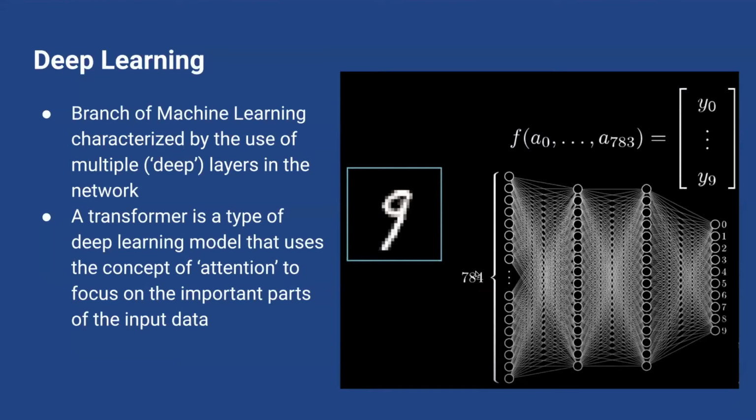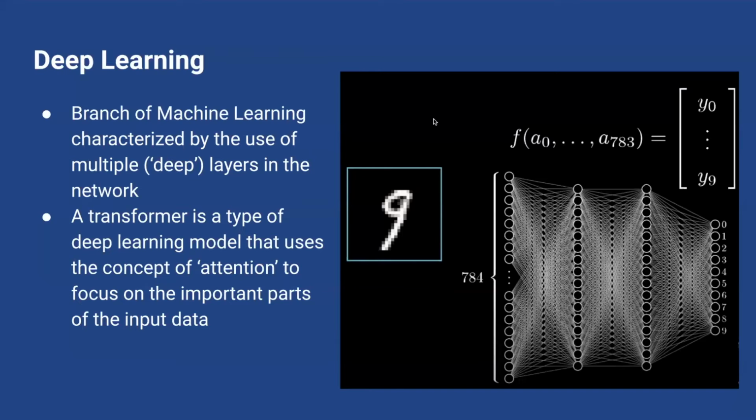And the transformer, which we'll talk about as well, is a type of deep learning model that uses this concept of attention. Essentially, with an image like this 9, or a hand-drawn character, there are certain parts of the image that we need to pay attention to, and certain parts that we can ignore. So there's this concept of attention where we pay attention to the parts of the image that matter, and ignore the rest.